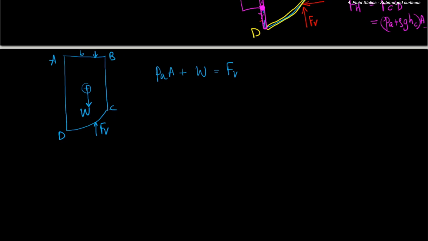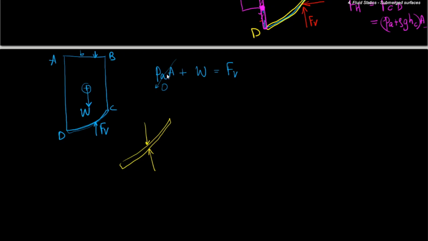And if the other side of the plate is backed by atmosphere, then even this atmospheric pressure will vanish, because if we now consider the free body of the object, this vertical force is acting over here, but there will be a force due to atmospheric pressure acting on this end also, and that will cancel out.